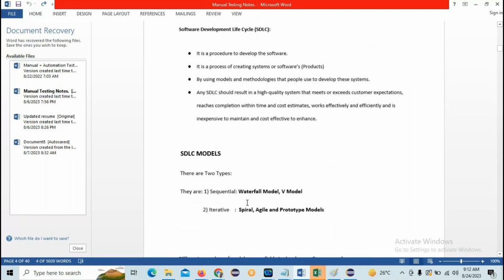Beneath that, there are seven steps: requirement collection, feasibility study and analysis, design, coding or programming, testing, installation, and finally maintenance. In bits and pieces, I can tell you that the business analyst does the requirement collection and feasibility, and design is done by the senior developers.